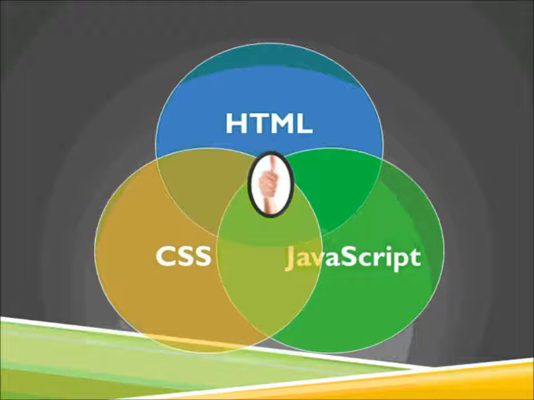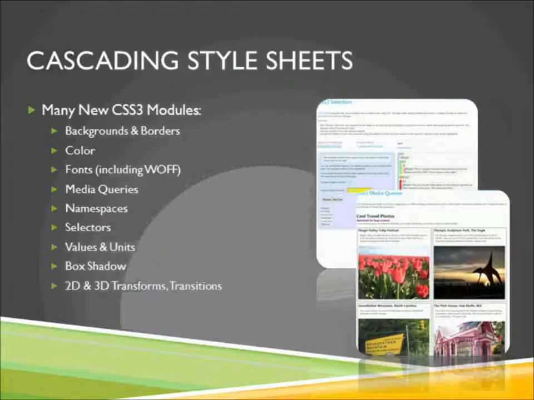So let's start off with CSS, Cascading Style Sheets. In CSS3, as it's being developed, there's a bunch of new modules that allow us to have more control and great styling, including backgrounds and borders. Being able to have a border radius and rounded edges on our content is great.